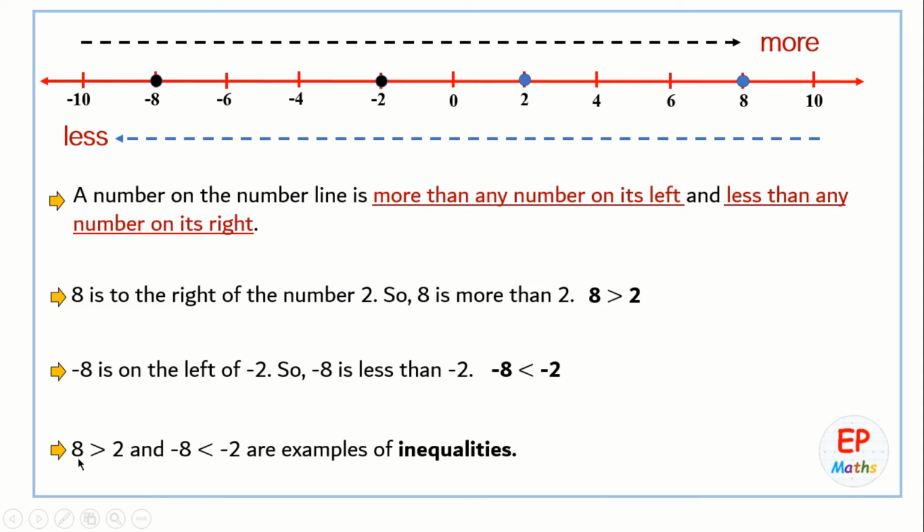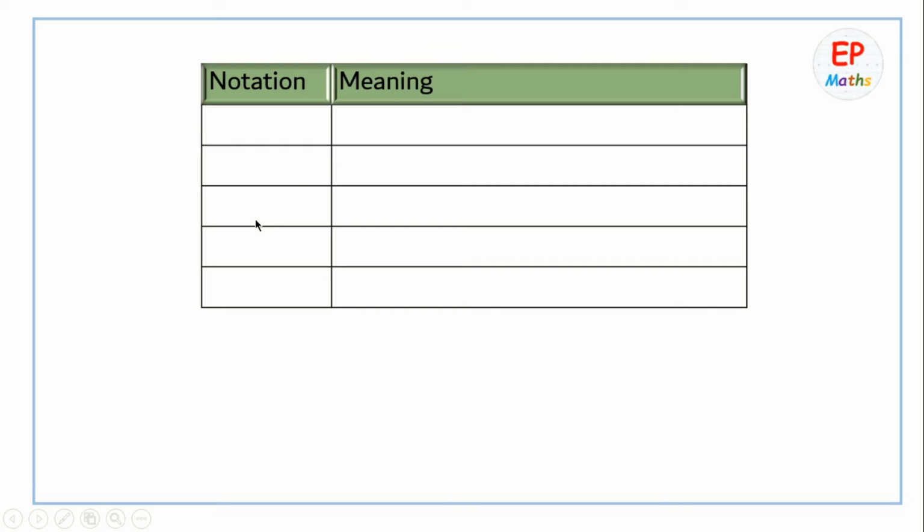So, 8 is more than 2 and negative 8 is less than negative 2 are examples of inequalities. Okay? Now, we can say that A is more than B, or A is greater than B, or A is bigger than B. Okay?